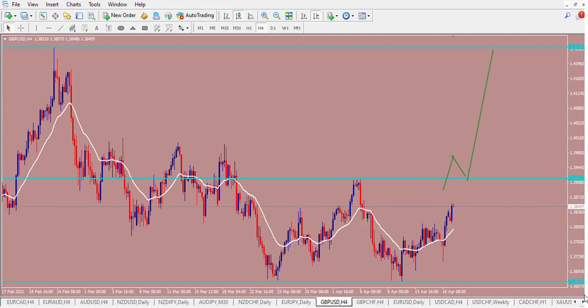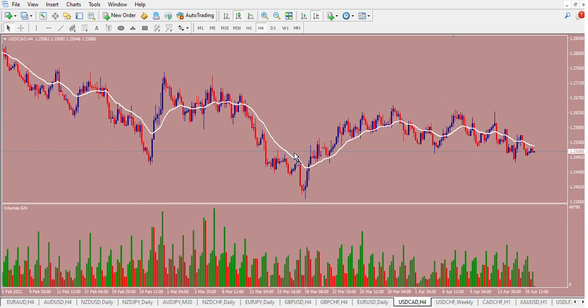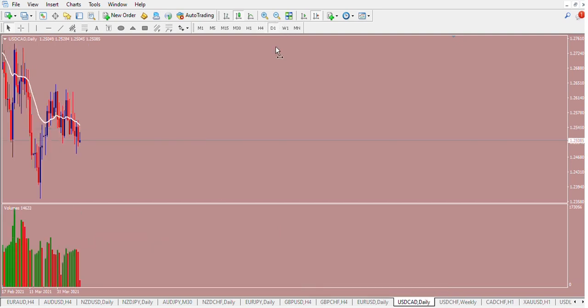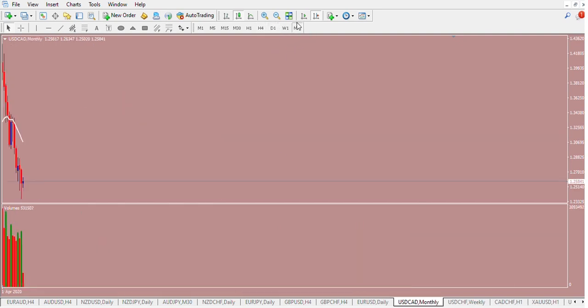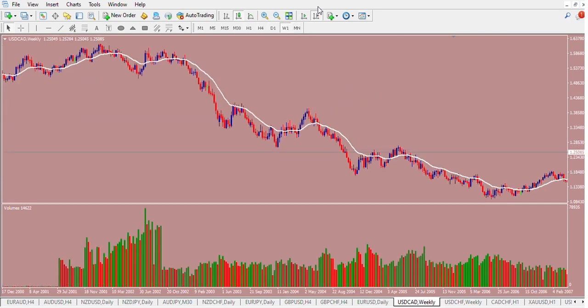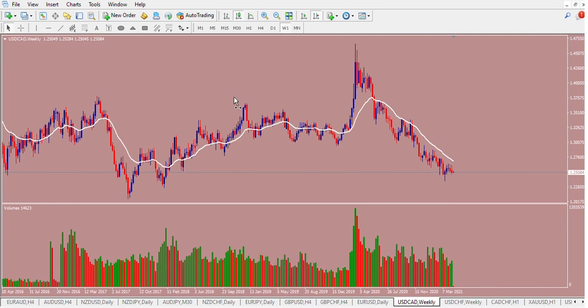Now we have the USD/CAD. USD/CAD has been so sluggish in its movement, and based on our rules in change of momentum, I have no doubt that we might see an up move coming out soon in USD/CAD.